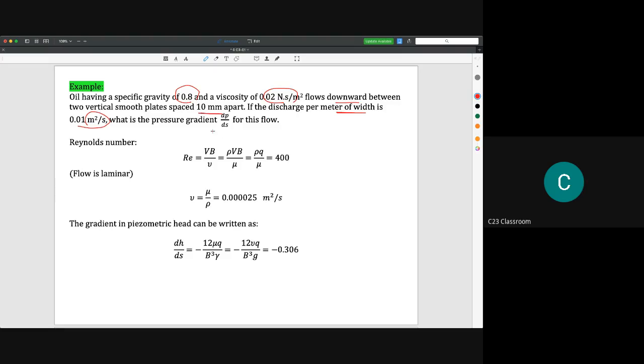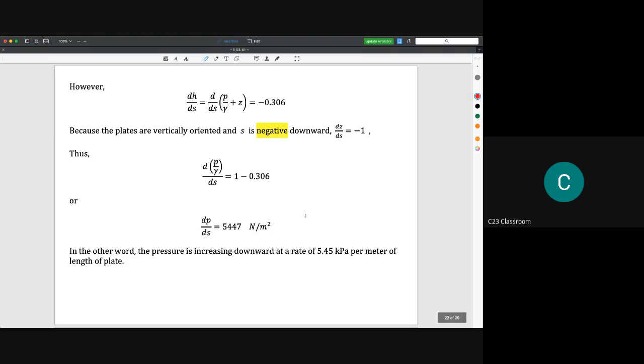The pressure gradient here can be calculated by this one. For example, we have the Reynolds number of 400, and then we can calculate the kinematic viscosity like this. According to the equation, we have dH/ds equal to negative 0.306, and then we substitute the value of dH/ds into this. We can solve this by assuming that dz/ds is equal to -1.